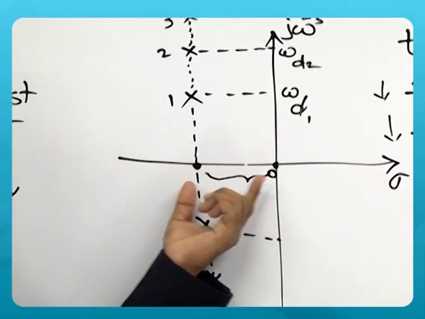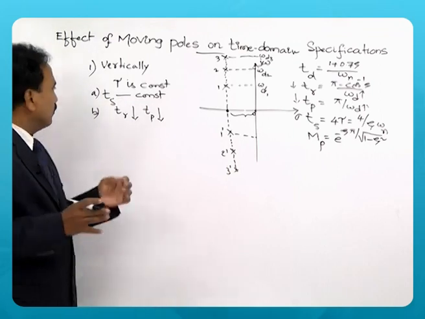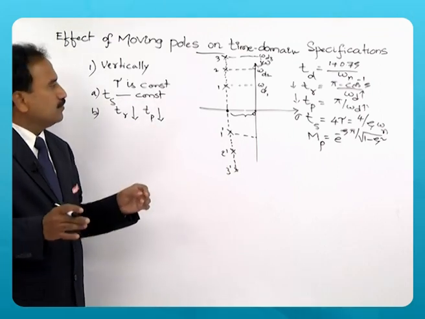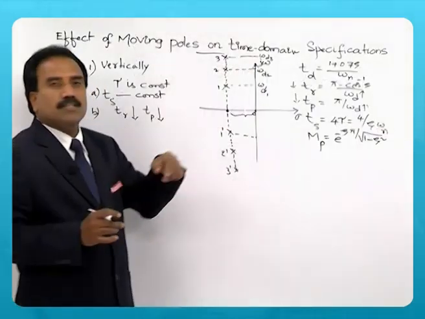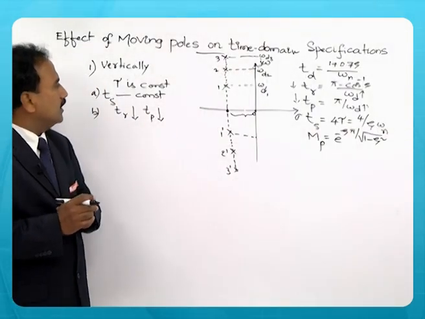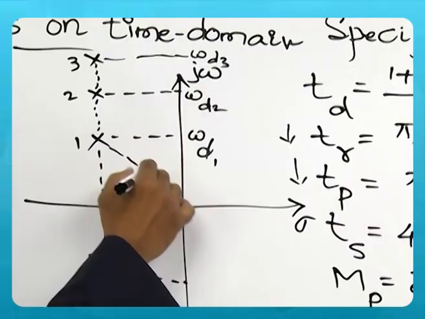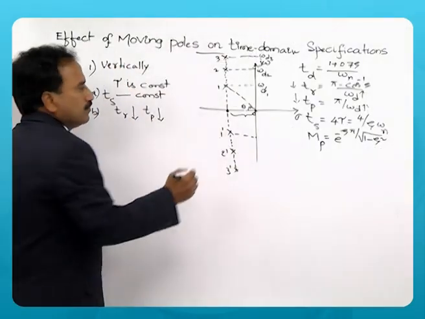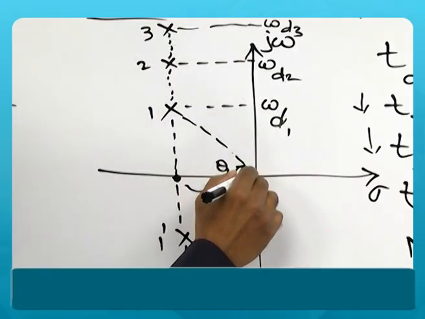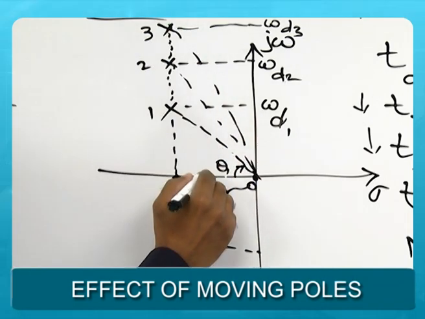There is no change in the real part of the pole, so settling time remains constant, but rise time and peak time get reduced because omega d is increasing when poles are moving vertically. Now, another important parameter is the angle with respect to the real axis, known as theta. There is an increase in the angle when poles are moving vertically.